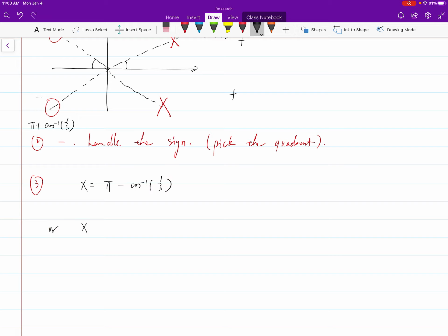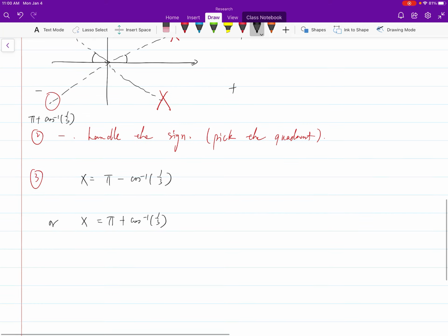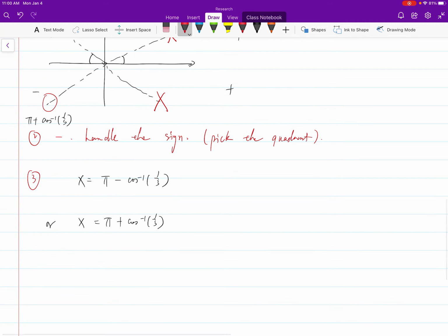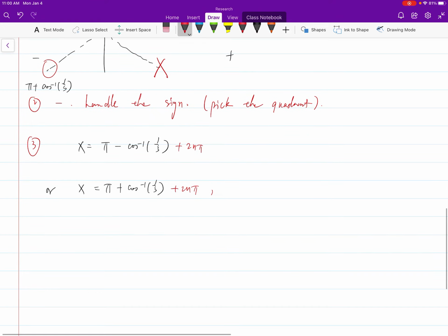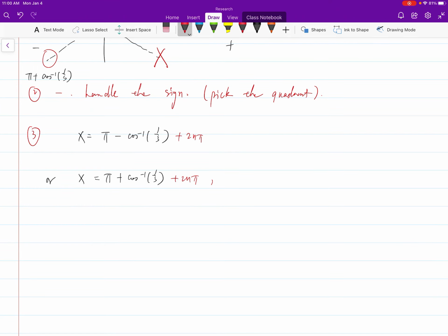The one in quadrant 2, the one in quadrant 3. Okay. Now the 4th step, which I will just put here, that is add the 2 n pi. Because a complete cycle doesn't change this cosine value, they should be all included for n.